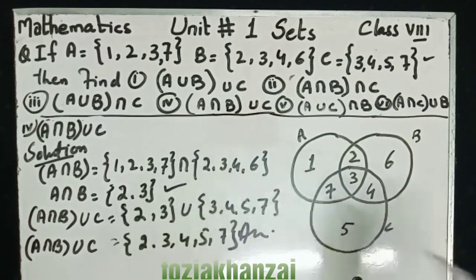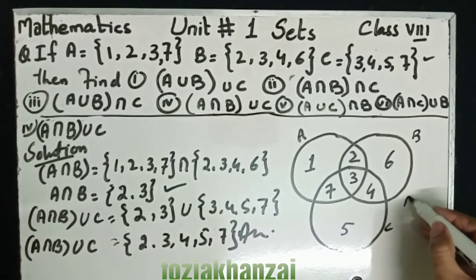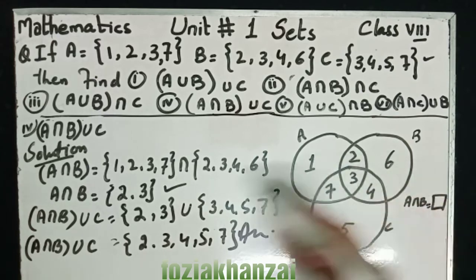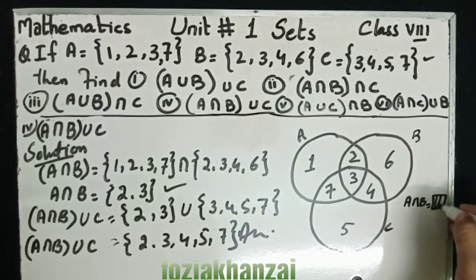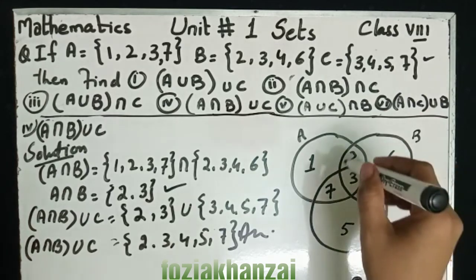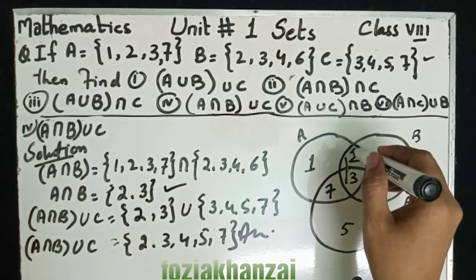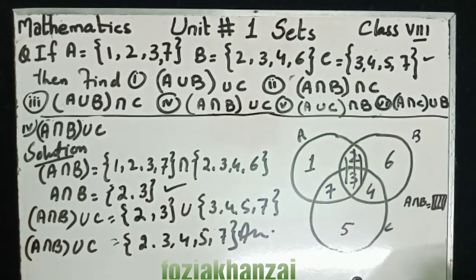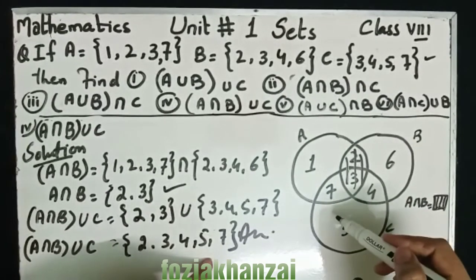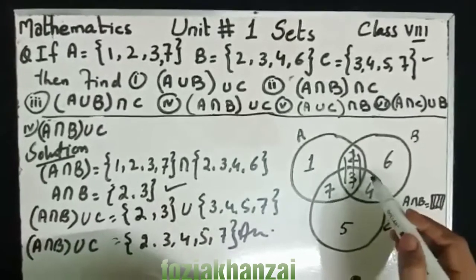First, the answer of A intersection B: apply a horizontal line to show it. Correct? Then the answer is 2, 3 together with 2, 3, 4, 5 and 7, except 1 and 6.